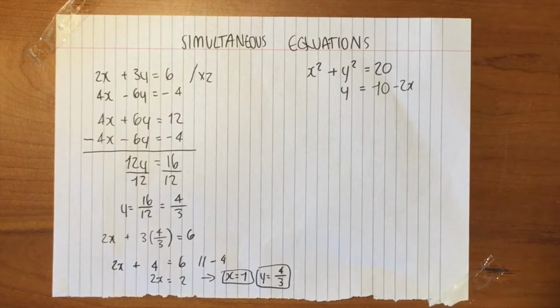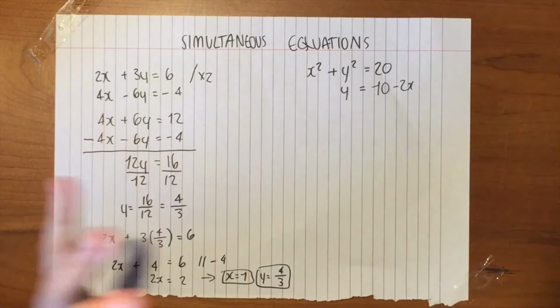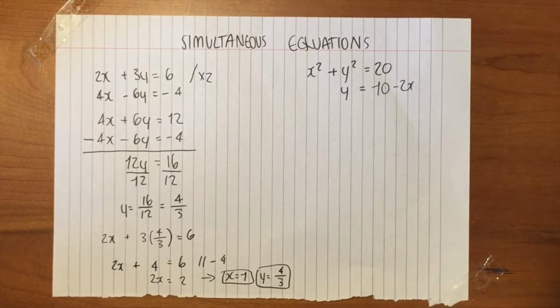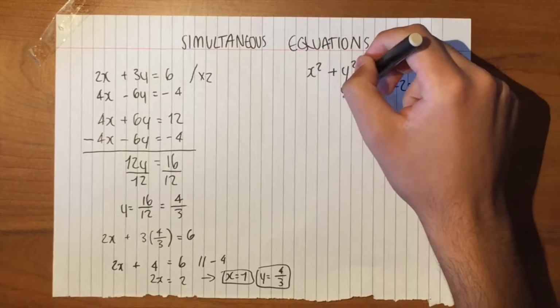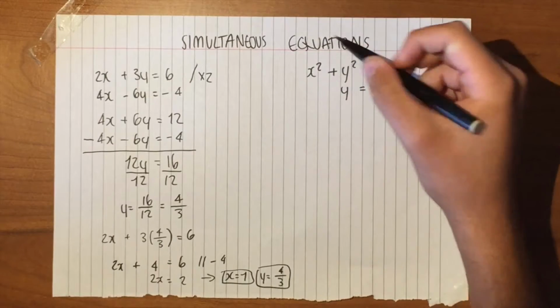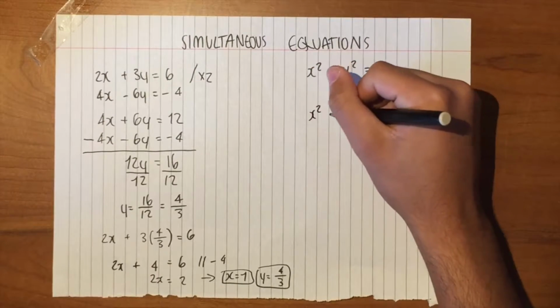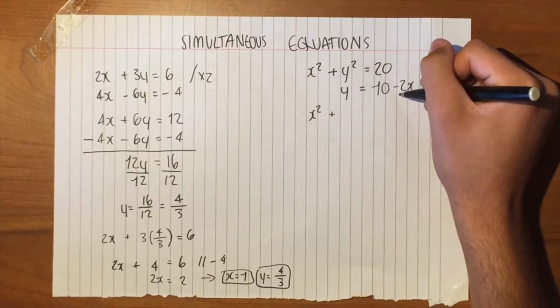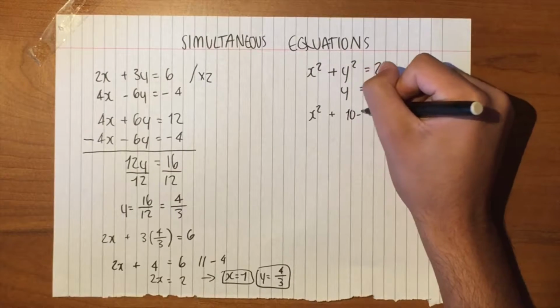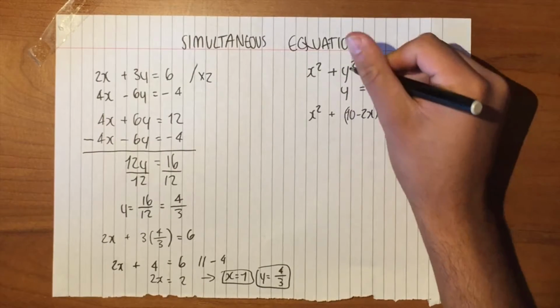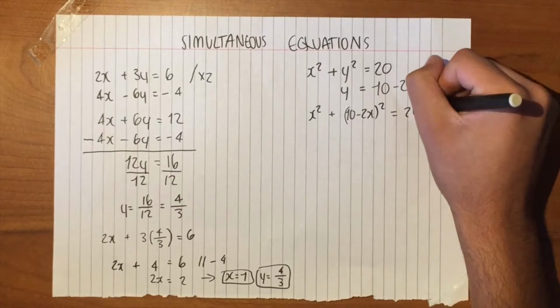It'll be a bit harder to use elimination in this one, because if you square this, it all just gets a little bit too complicated. So what we can do is just plug y, which is 10 minus 2x, in here. So x squared plus y, which we know is 10 minus 2x, but then we have to square it, is equal to 20.